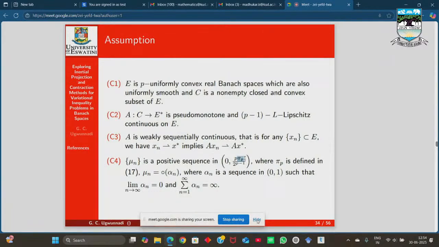This phi p is because of the nature of E here, that is uniformly convex, which we know the norm to the power p is strongly monotone. So this is the constant of strong monotonicity. And another parameter, which is very essential for the hybrid iteration, is that the limit of alpha n is 0, and the infinite sum must also be guaranteed.